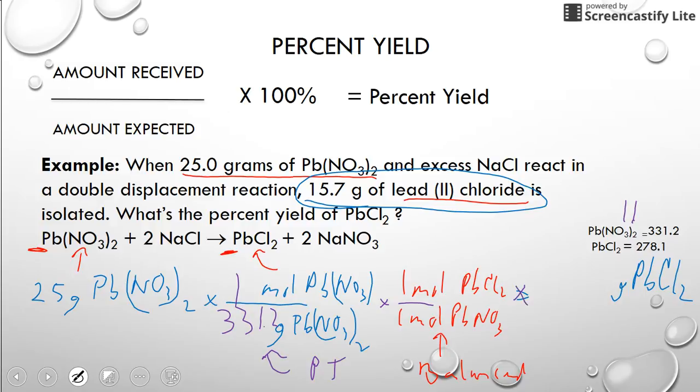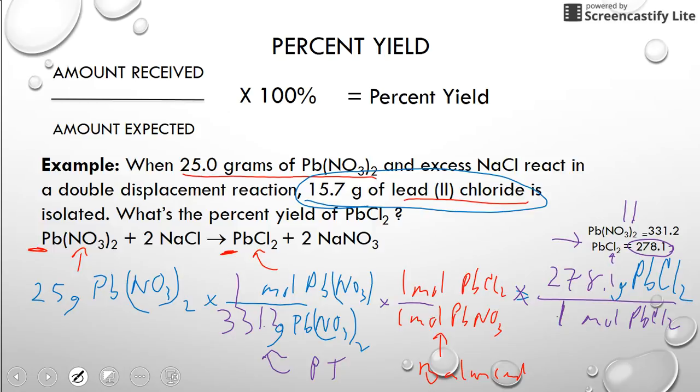We want to go from moles of PbCl2 to grams of PbCl2. This time we're going to the periodic table. Lead plus 2 chlorines equals 278 grams. So the 278 goes on top, and the 1 mole goes on the bottom. We multiply the tops and divide by the bottoms.